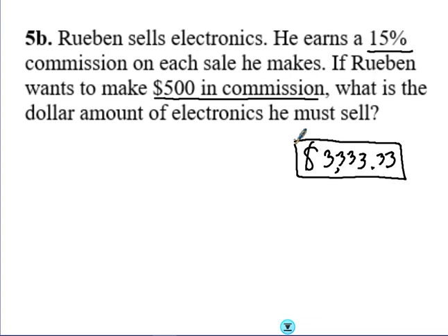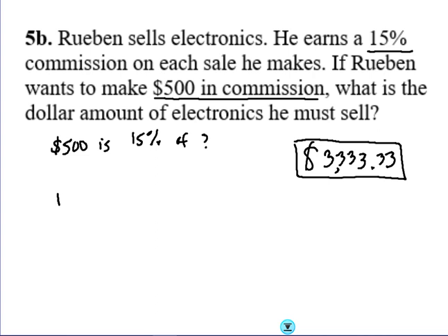Okay, so again, we're looking for a $500 commission, 15% of what number? So we're going to say $500 is 15% of what number, of question mark. You can say of what or of question mark, same thing.